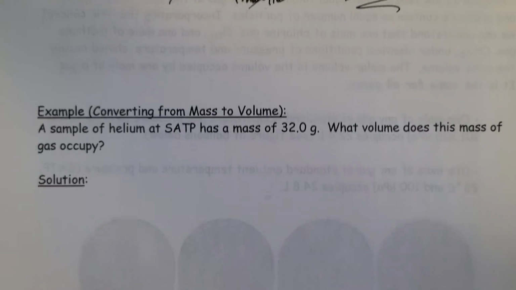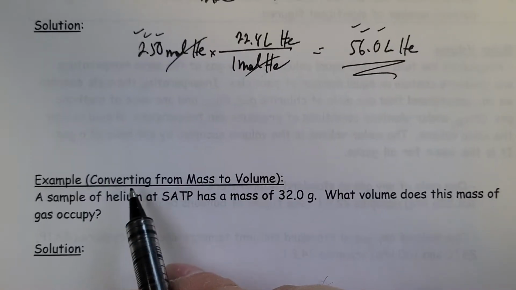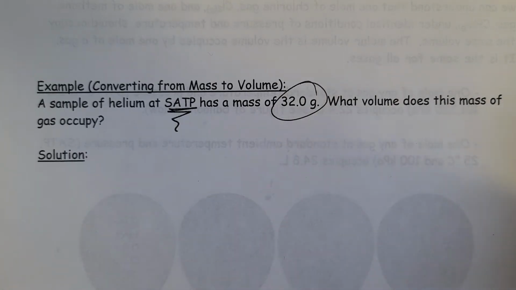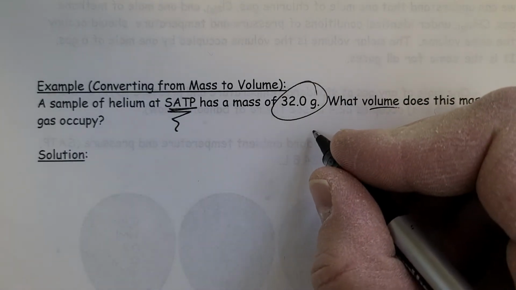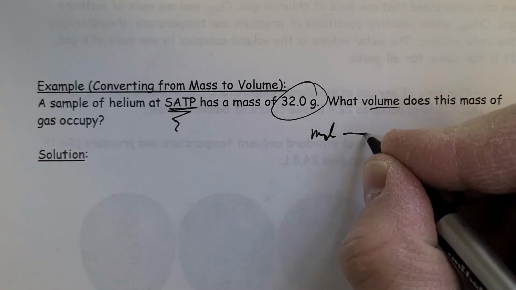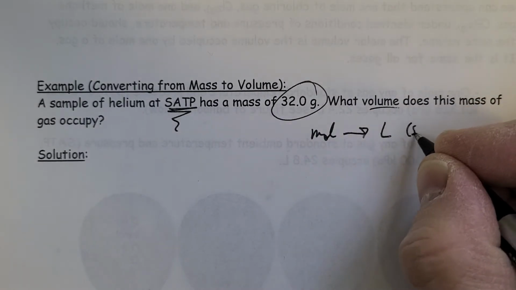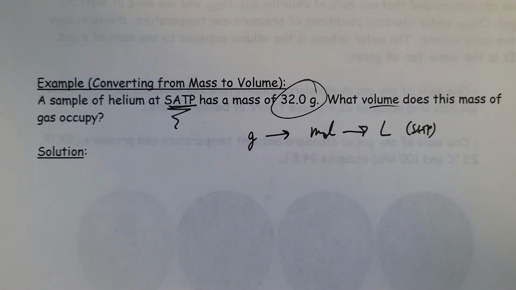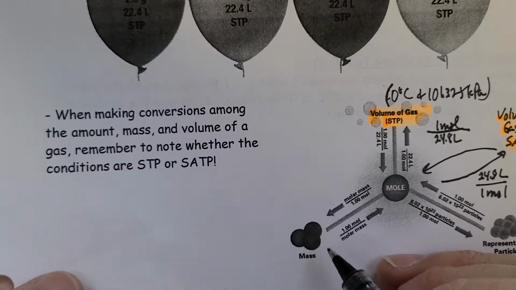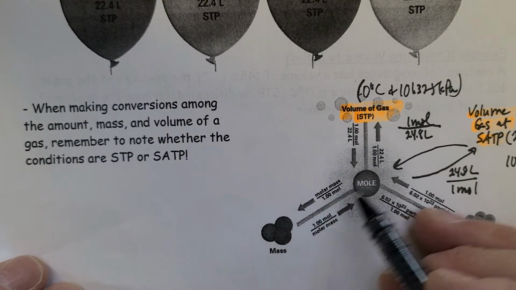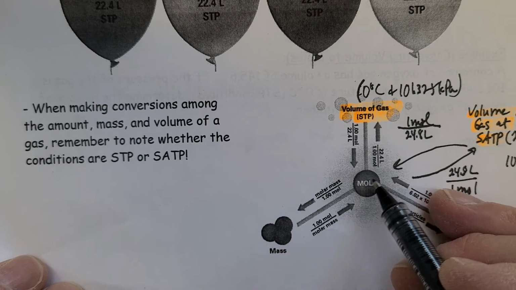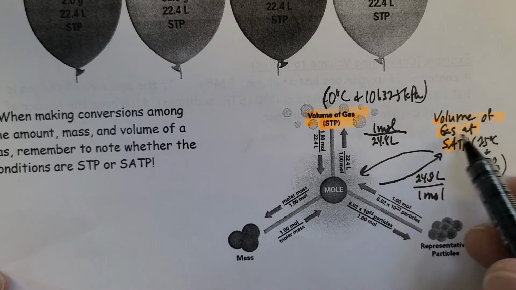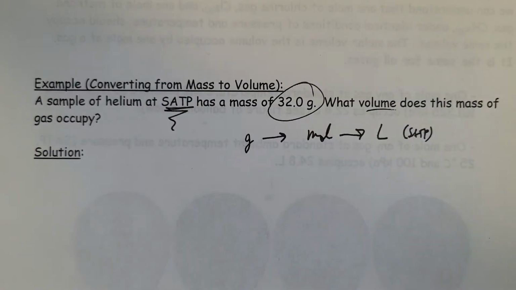All right, so look at this one. Again, we'll look at helium, SATP this time, and we have a mass of 32 grams. What volume is that? On our chart, we can go from moles to liters at SATP conditions, but we're given grams. So this will be a two-step conversion: mass to moles, and then to liters at SATP.